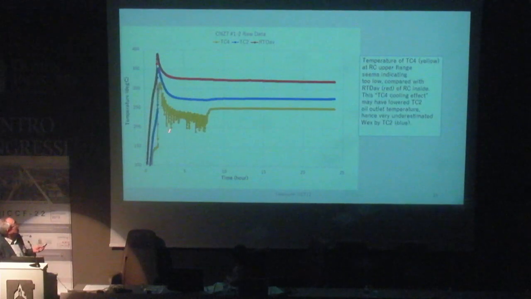We thought this was a kind of gas sorption and desorption oscillation, but it was not so. This is due to the gas turbulence effect. This is the average temperature in the reaction chamber, 300 degrees. And this is the oil outlet temperature, which is very underestimated because of what we found. So this curve is more reliable.